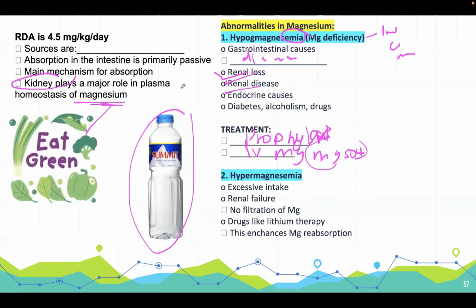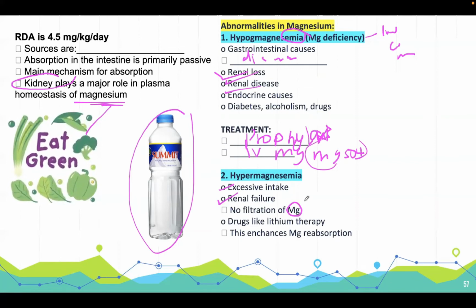What if the concentration of magnesium in our blood is high? It is called hypermagnesemia. What are the causes? Excessive intake. You ate or drank too much food that contains magnesium. Renal failure. Why is renal failure included in hypermagnesemia? Because the products in the body are not filtered, including minerals or other waste products.